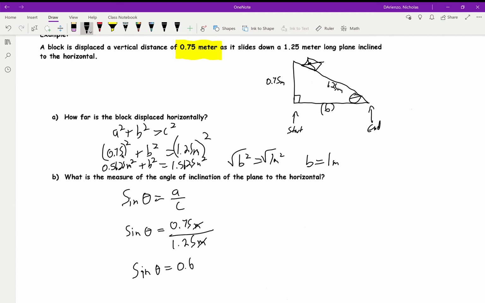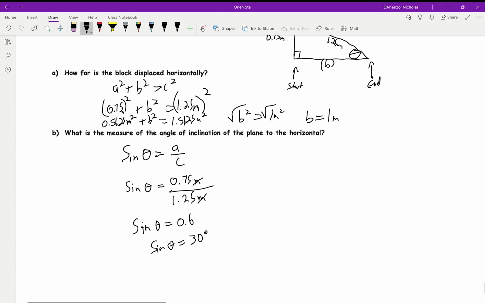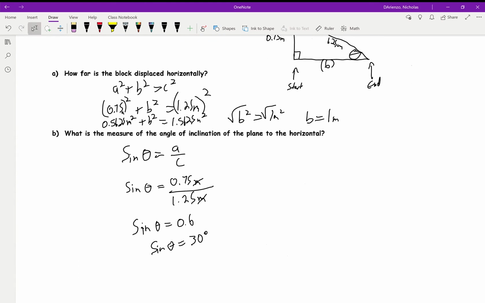We punch this in. We want to make sure our calculator is in degrees. And we would get 30 degrees. This should be just sine.